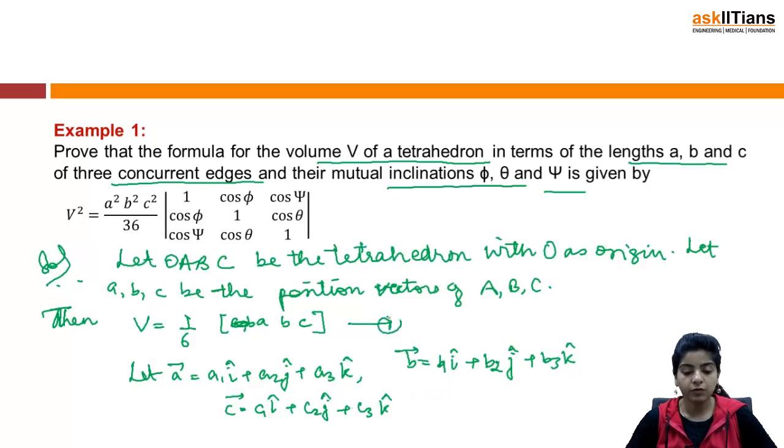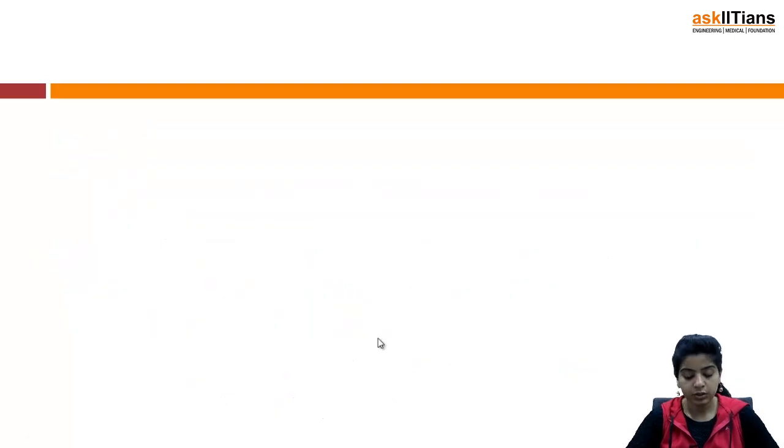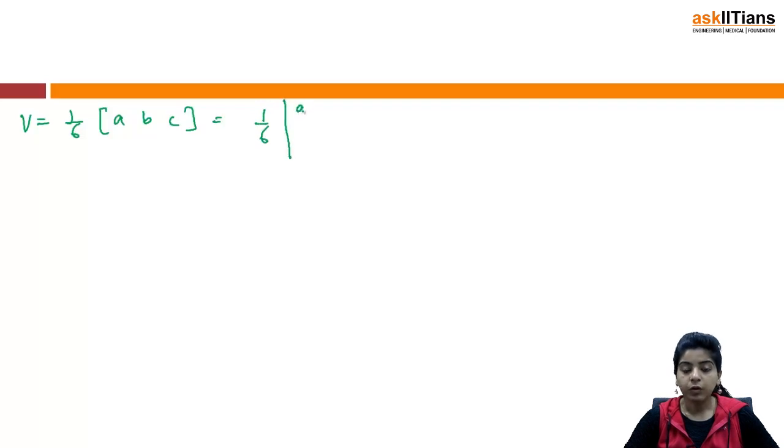Now this is the formula, so we'll just substitute the values in this and we'll get the desired result. So V is 1 by 6 scalar triple product ABC. If you remember the formula we had also discussed, this can be written simply as the determinant of the components of A, B and C: A1, A2, A3, then B1, B2, B3 and then C1, C2, C3.